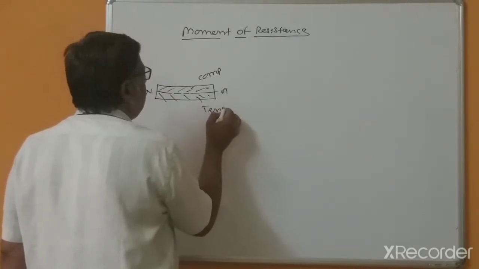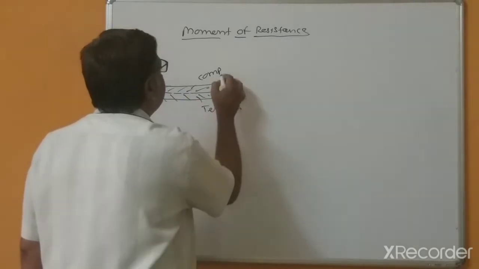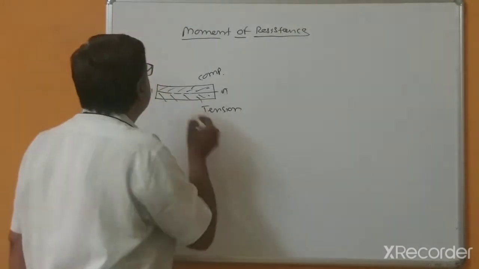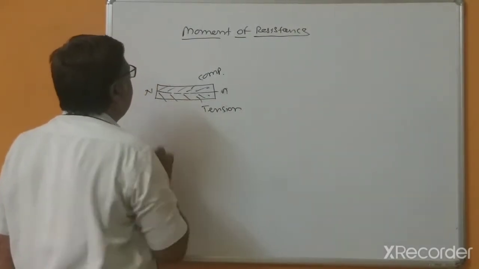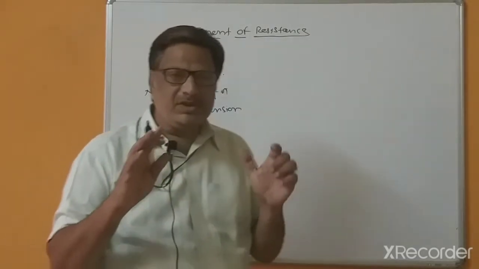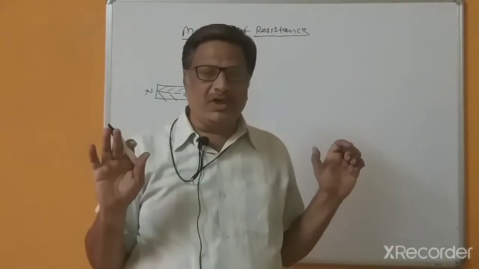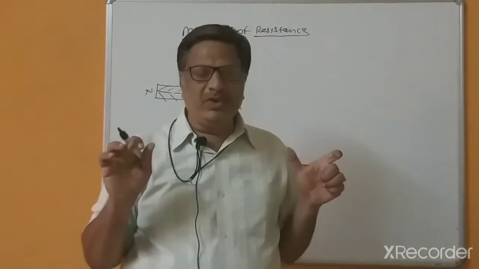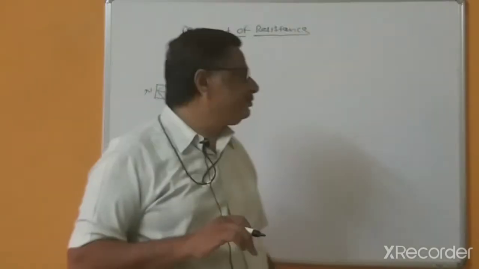Because of the compression and tension, this layer contracts and this layer expands, and at the neutral axis there is no expansion or contraction. Whatever the length of the neutral axis, it remains the same.